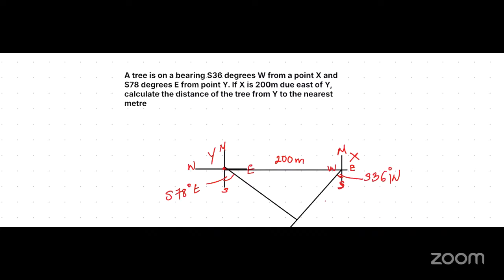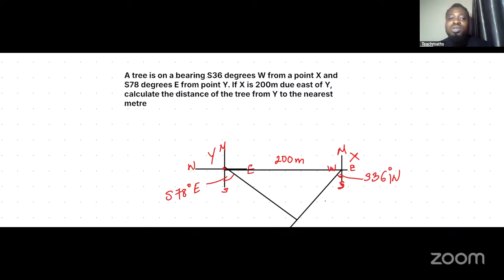Where is this tree? Good. So the tree is at the point of intersection between this bearing from X and the bearing from Y. This is the tree.